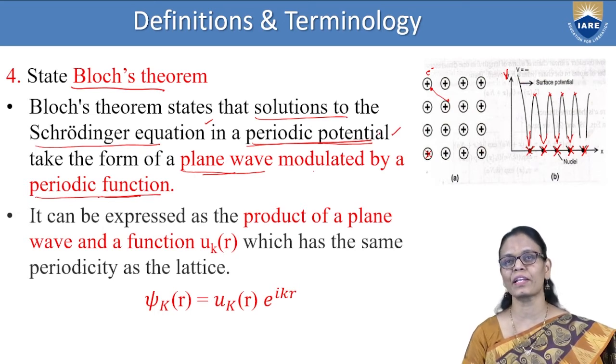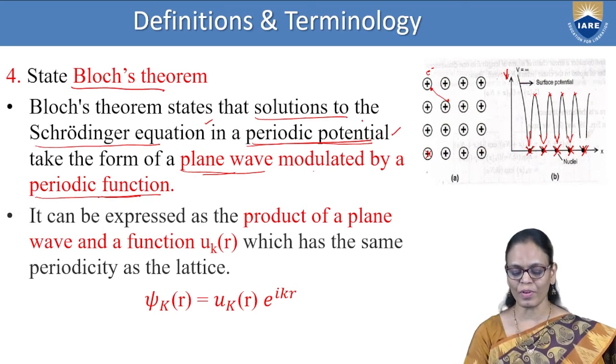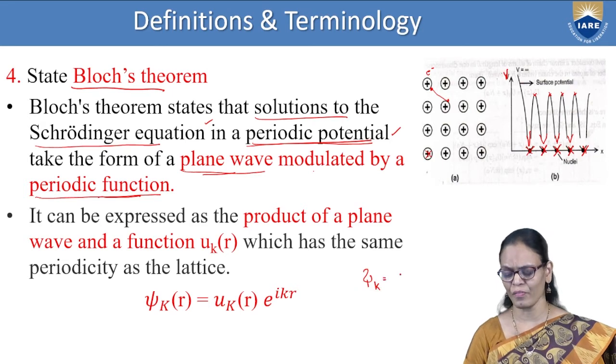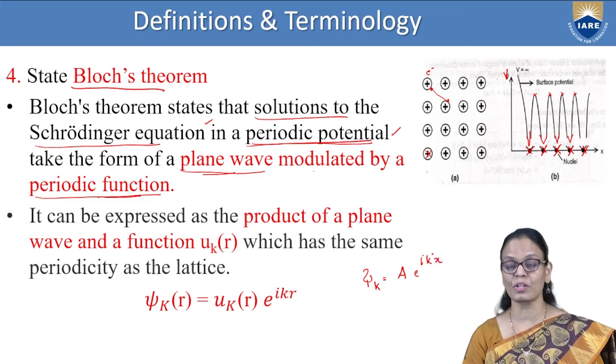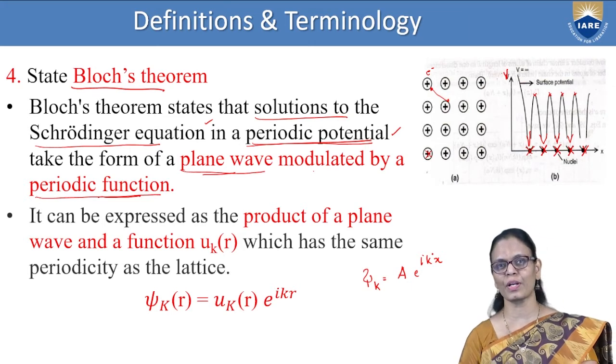The potential varies periodically. Now when we see the solution of the Schrodinger wave equation is given by psi of k. We can write it as A e power ikx or ikr in 3-dimensional. So that will be the solution of the Schrodinger wave equation.